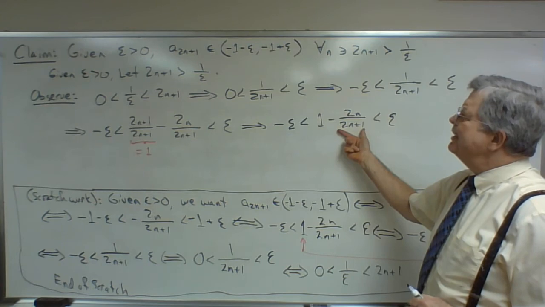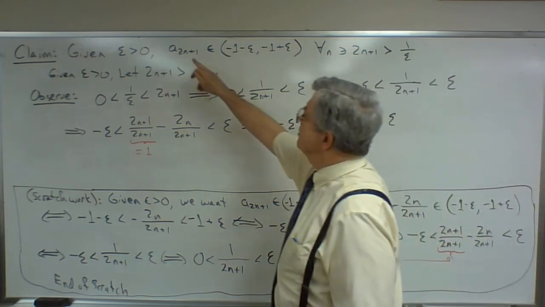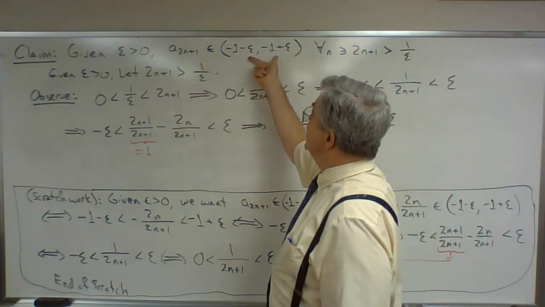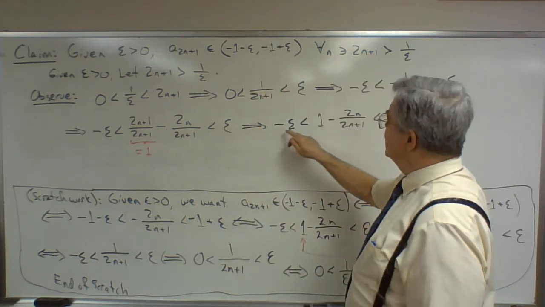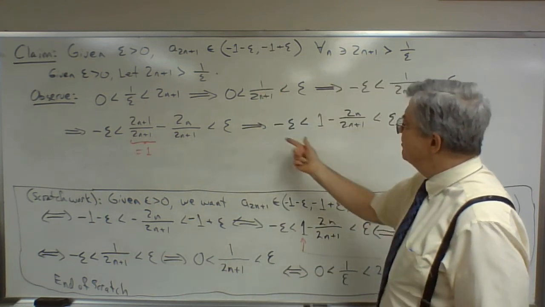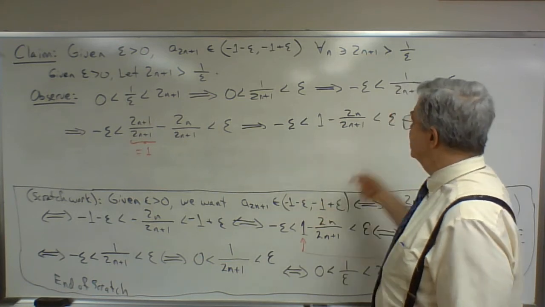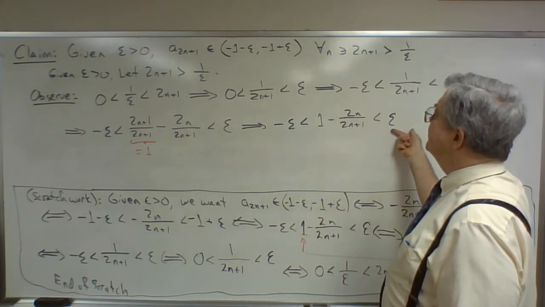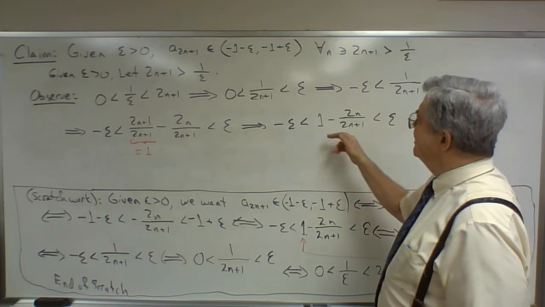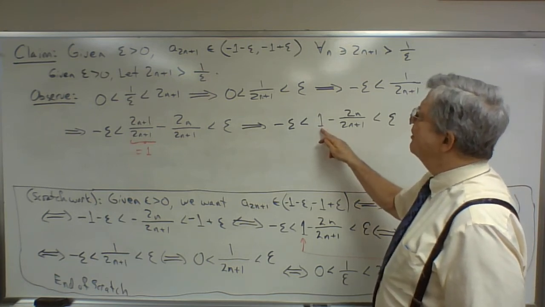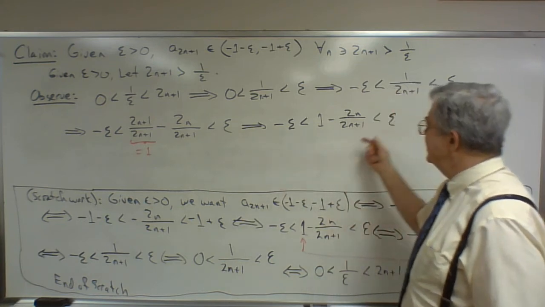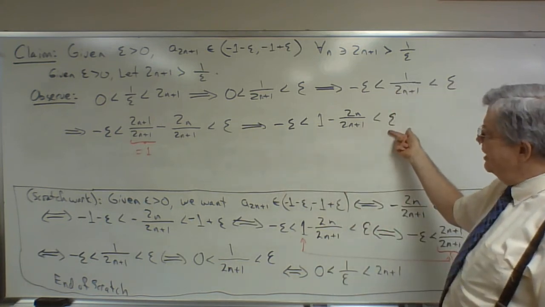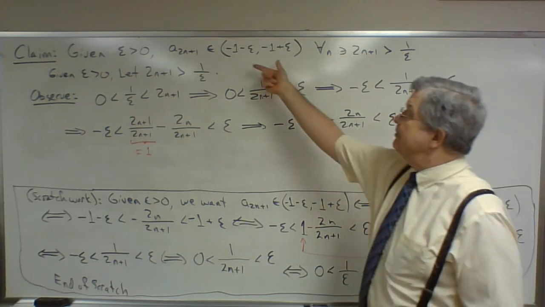And now, since I'm trying to get the nth term in this interval, I'm going to add 1 to all three sides, and that will give me 1 minus epsilon here. I'll subtract 1 from all three sides. That'll give me negative 1 minus epsilon here, negative 1 plus epsilon here.